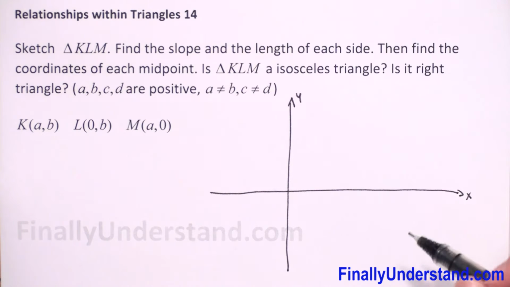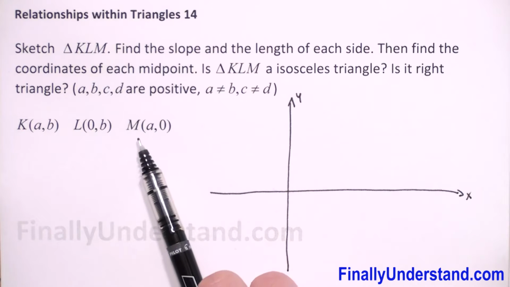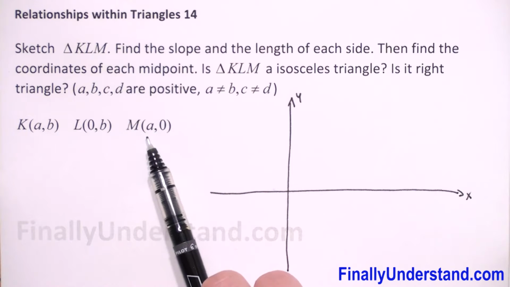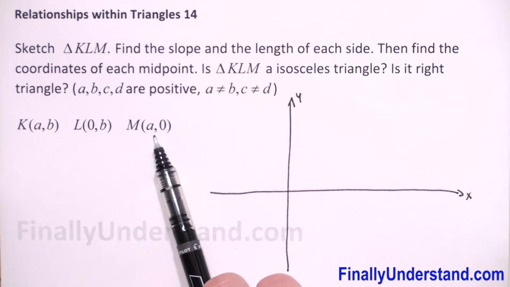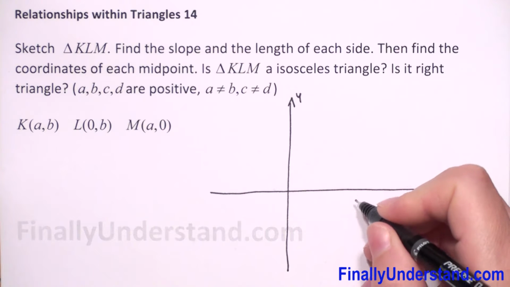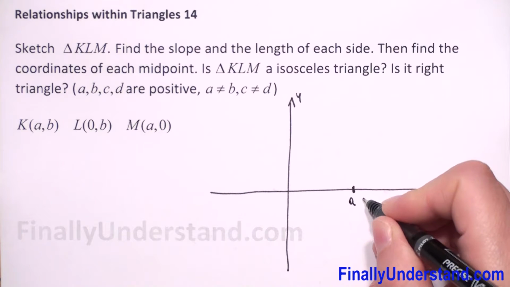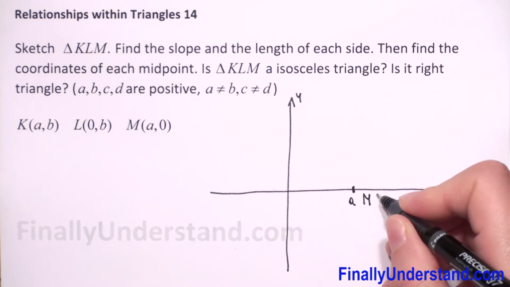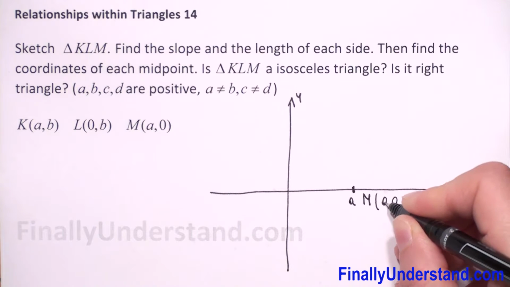And because point M has coordinates (A, 0), it means we have to put this point on the x-axis. So let's put A here. So this is our point M, which has coordinates (A, 0).